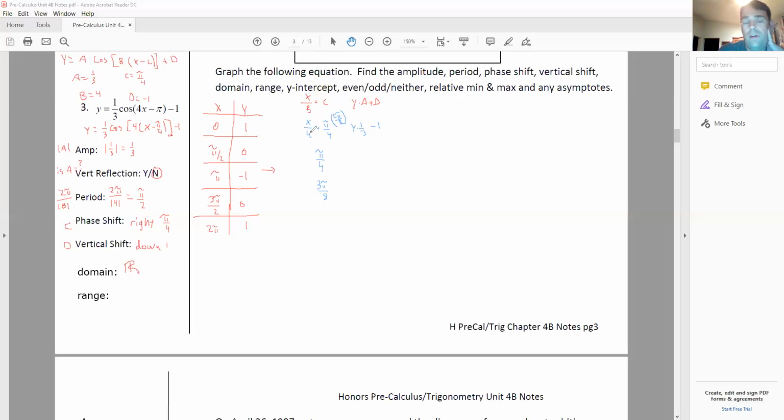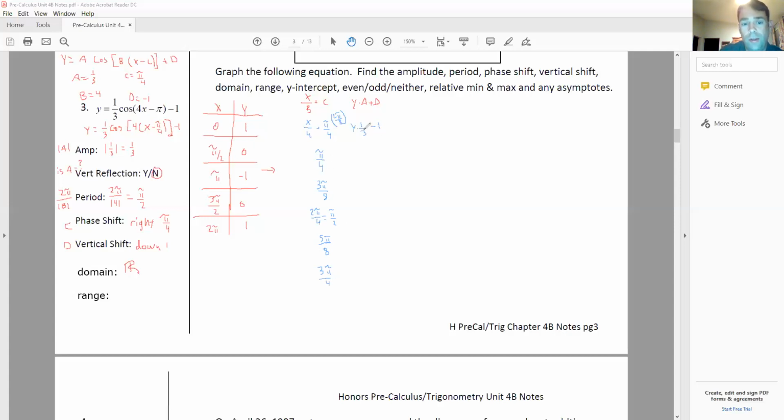Pi divided by 4, pi over 4 plus pi over 4 would be 2 pi over 4, which is pi over 2. 3 pi over 2 divided by 4 is 3 pi over 8 plus 2 pi over 8 is 5 pi over 8. Two pi divided by 4 is 2 pi over 4 plus another pi over 4 is 3 pi over 4. So we get all our x values.